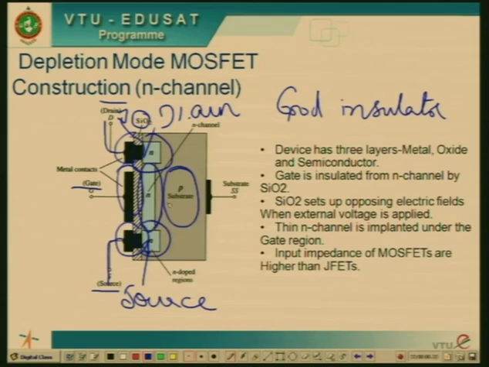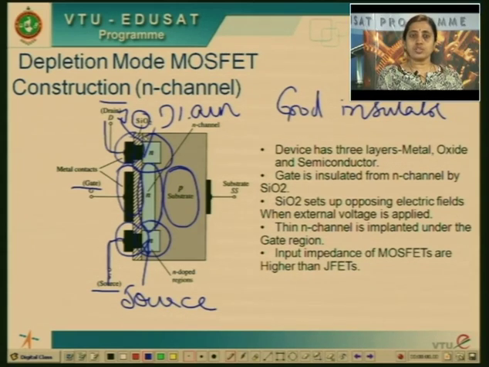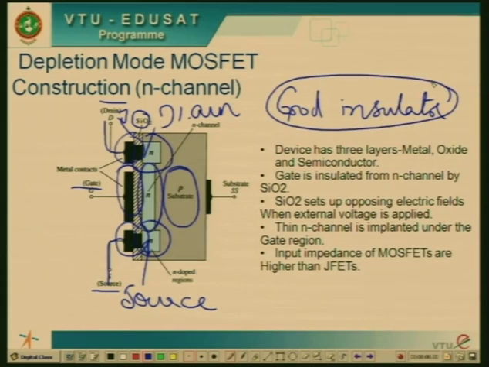The difference between JFET and the depletion mode MOSFET structure lies in the use of silicon dioxide. So, this silicon dioxide is a very good insulator. This is one of the properties of using silicon dioxide, and moreover this silicon dioxide isolates the gate from the action of the channel.